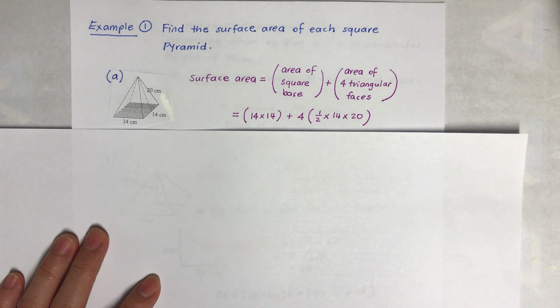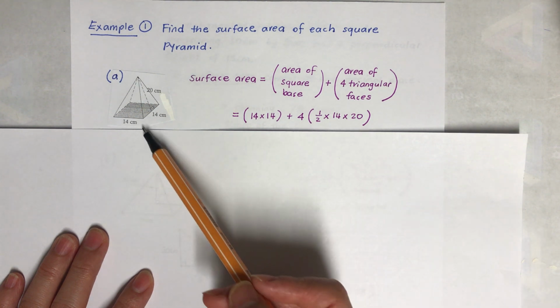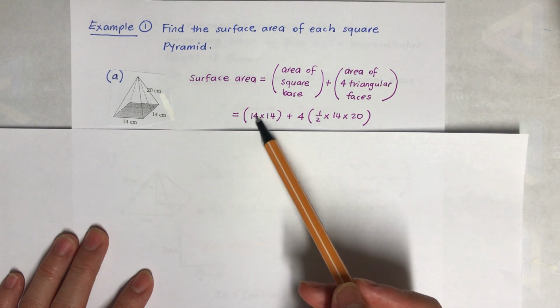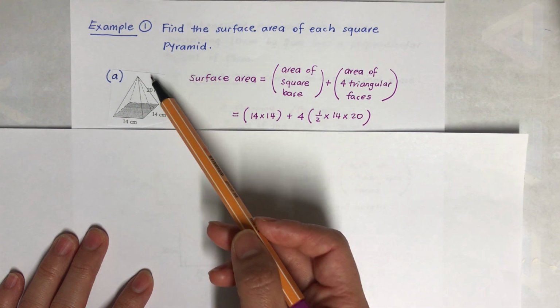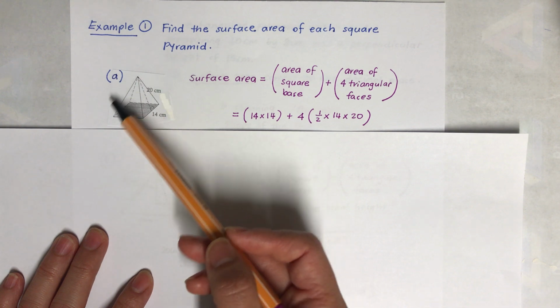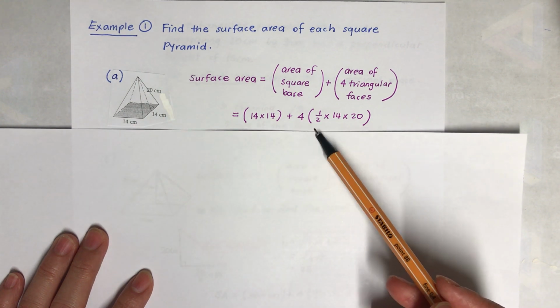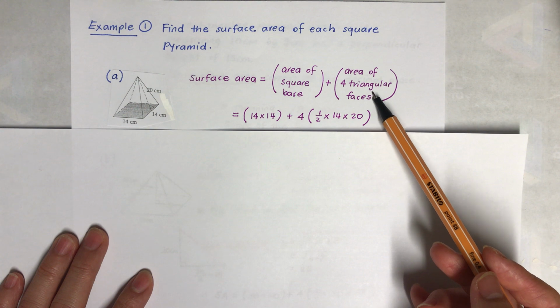So if it was a rectangle, it would be a rectangular pyramid. The surface area will be the area of the square base plus the area of 4 triangular faces. The square will be 14 times 14, and there are 4 triangular faces all around, so that means 4 times the triangle.